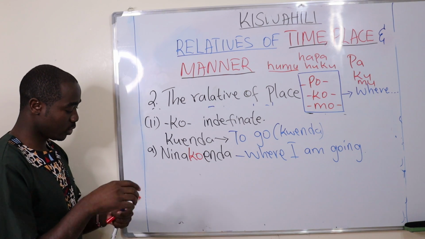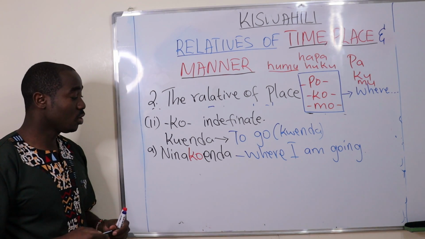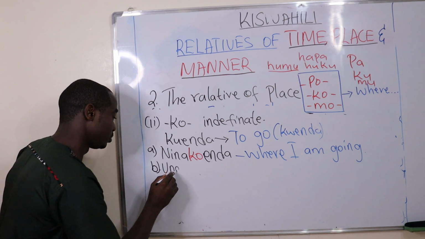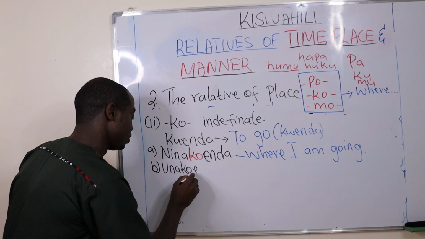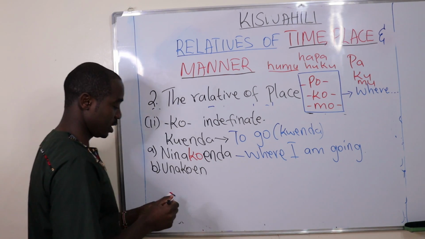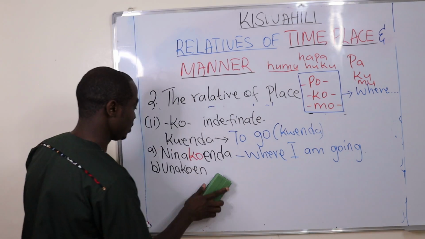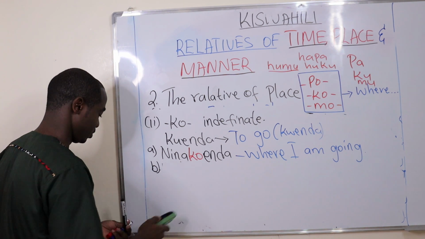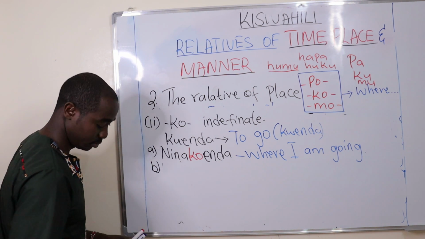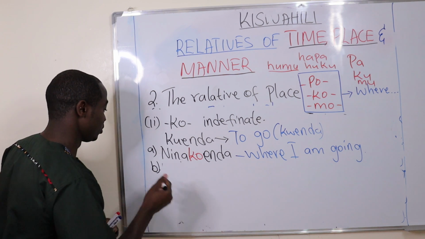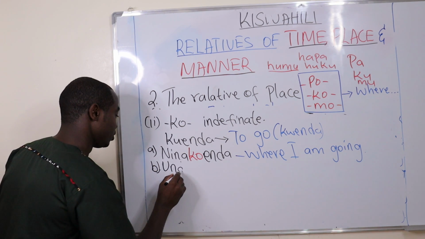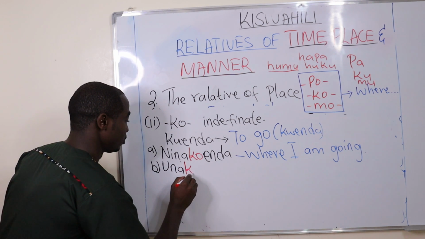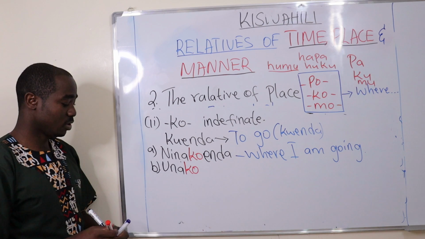For you, wewe, unakoenda. Unakoenda. I should make this distinct a little bit. Unakoenda, sawa?